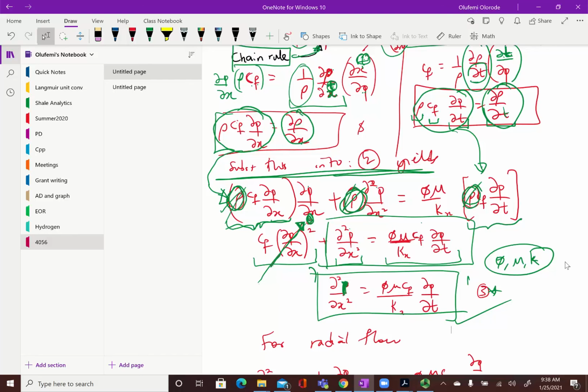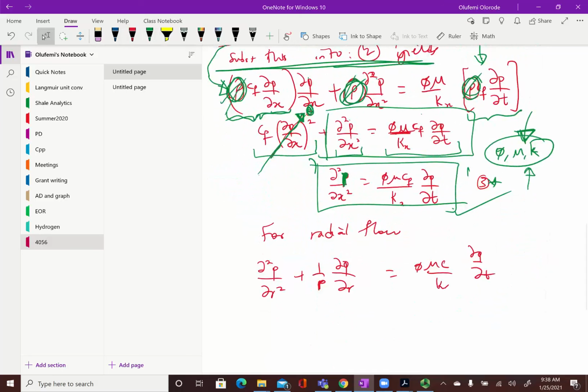And again, these are the assumptions we had to make for this equation to apply. But in reservoir simulation, we do not make these simplifying assumptions. We leave the phi, mu, and k in there, also the density, and we solve the non-linear system of equations numerically. This is the equation in 1D.